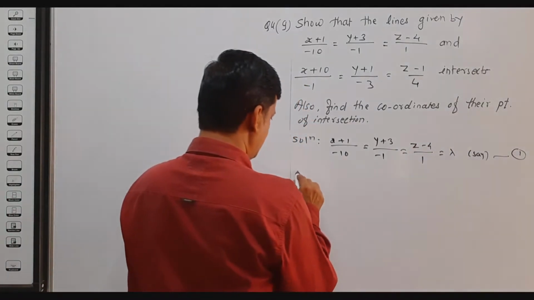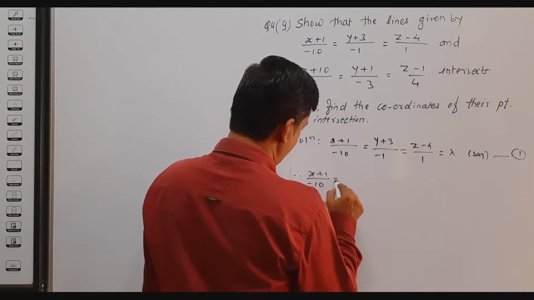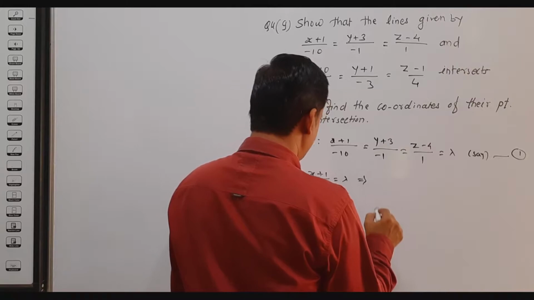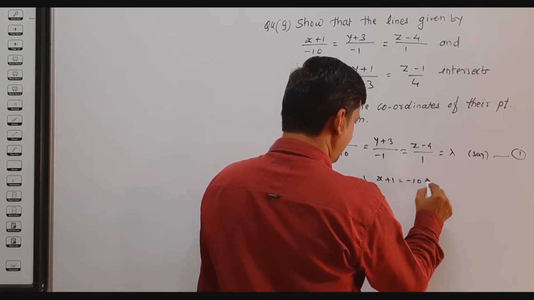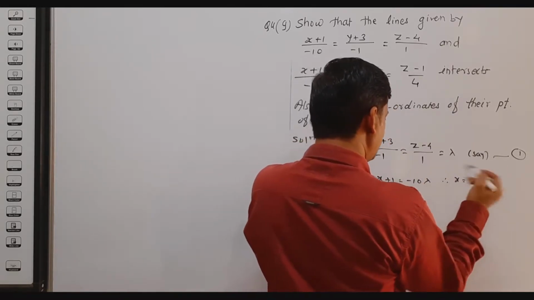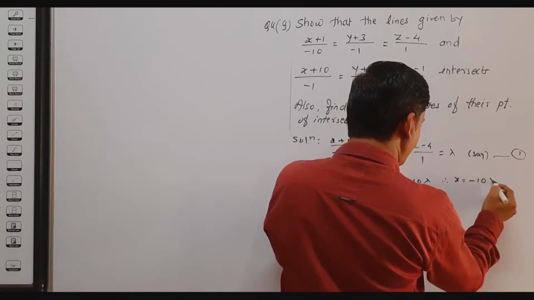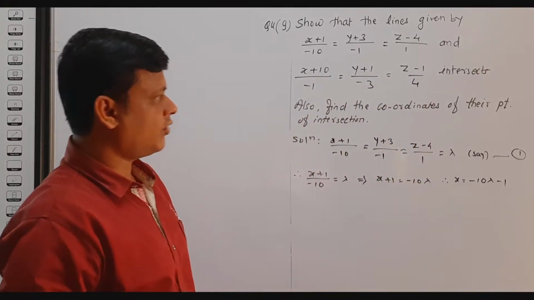So we write here, therefore (x plus 1) upon minus 10 is equal to lambda, which implies x plus 1 is equal to minus 10 lambda. Therefore x is equal to, after transferring 1 to the right hand side, minus 10 lambda minus 1. This is the x coordinate.